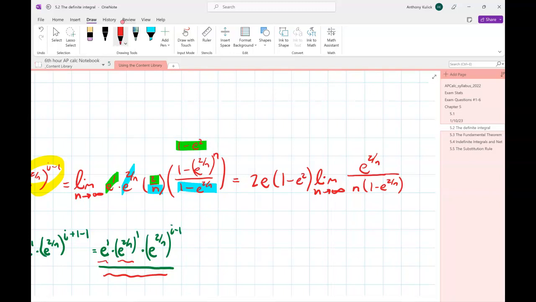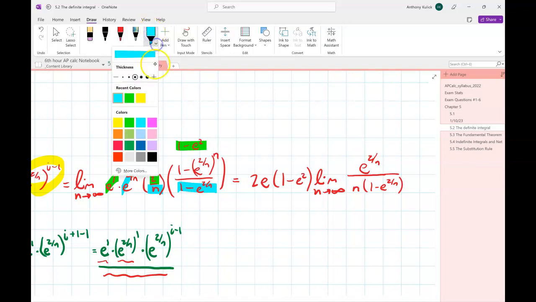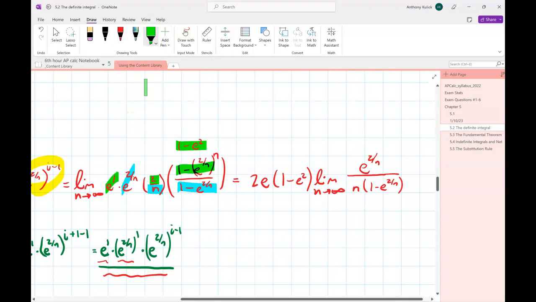Everybody's okay there? Sorry, what is that 1 minus e squared? The 1 minus e squared: when I evaluate this piece, 2 over n times n is just 2. So that's 1 minus e squared is the numerator. No problem.